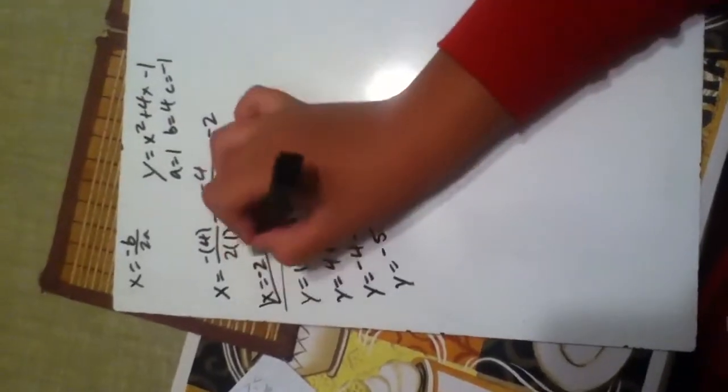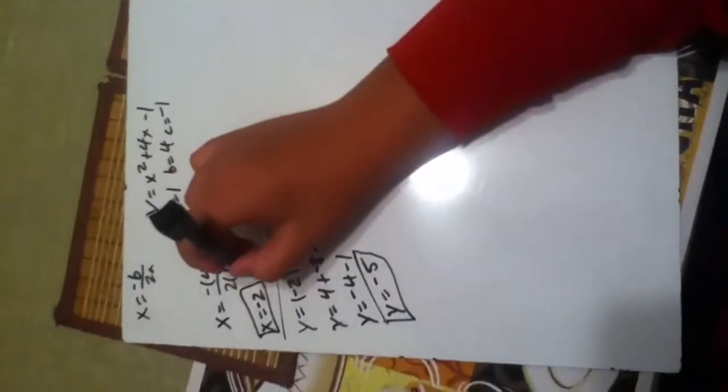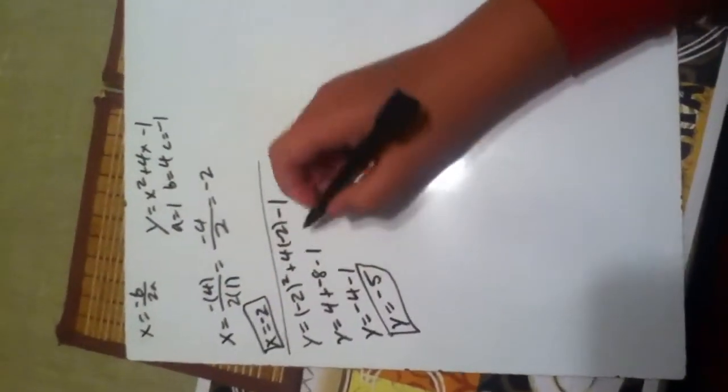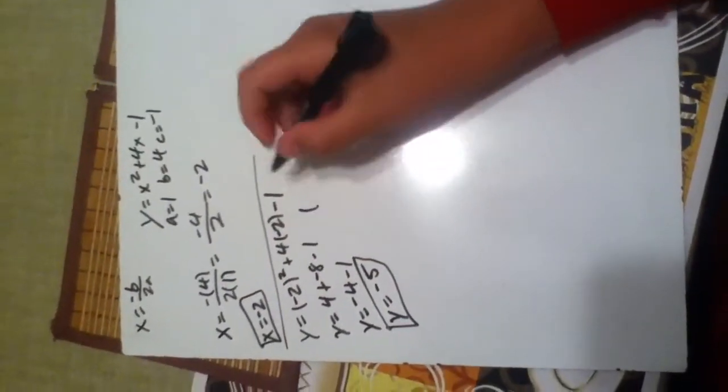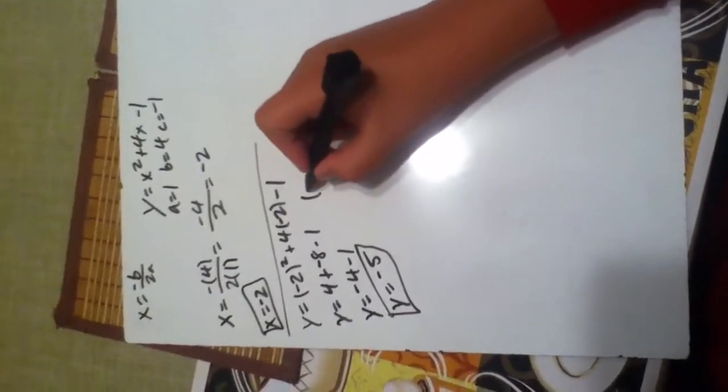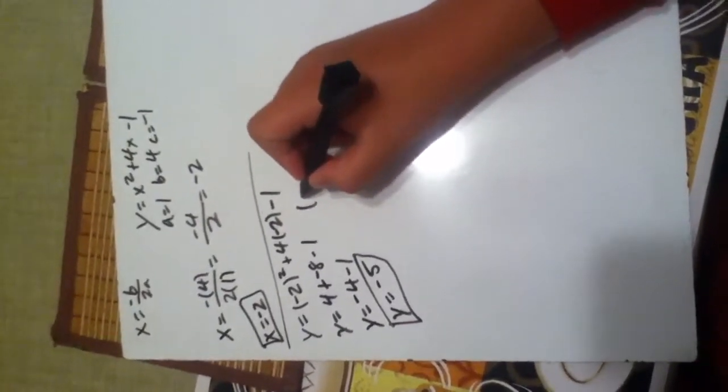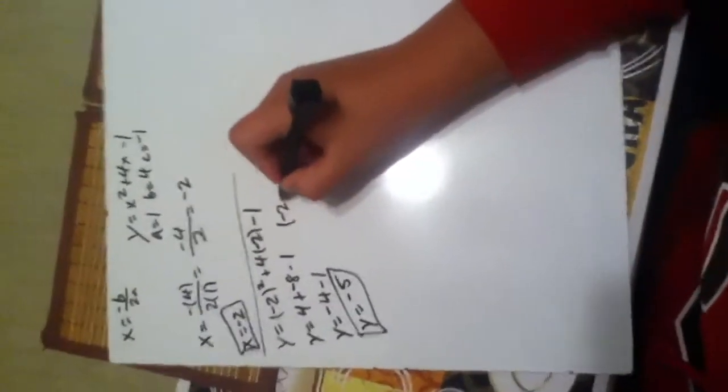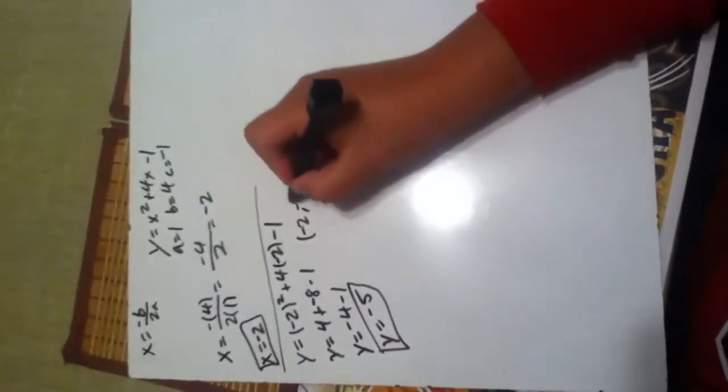So then you have your x and your y, and this is the axis of symmetry and this is the vertex. The point on the parabola is negative 2 and negative 5.